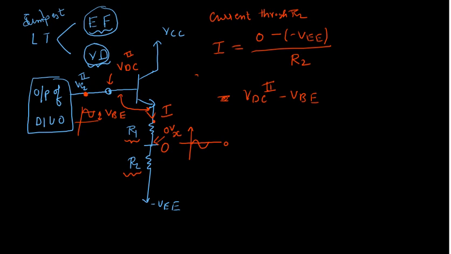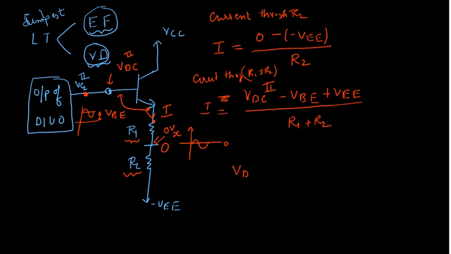So the current through R1 is VDC2 minus VBE divided by R1, and it must equal VEE divided by R2. This is the current which will flow through this, right? And since they are in series, both currents should be equal.